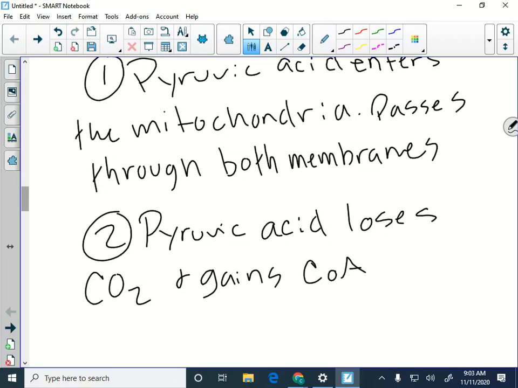So we've got pyruvic acid, we've lost a CO2, we've gained a CoA group, and this gives us something called acetyl-CoA.